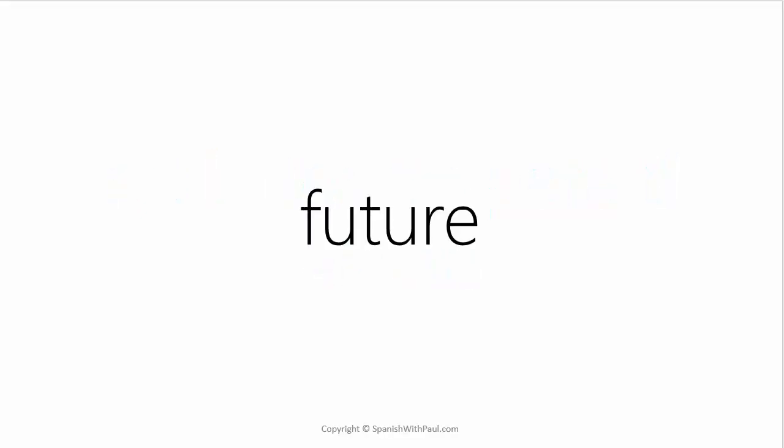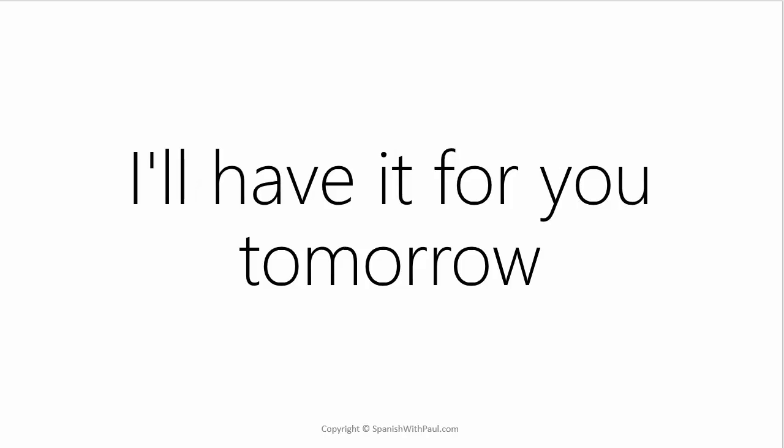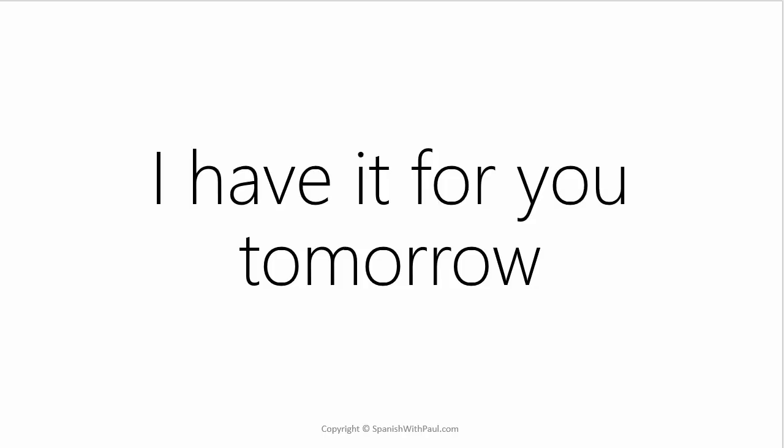Something interesting is that in Spanish you can often use the present tense to also express the future. For example, I have it for you tomorrow is incorrect English. It should be I'll have it or I will have it for you tomorrow. However, in Spanish, this structure is correct.